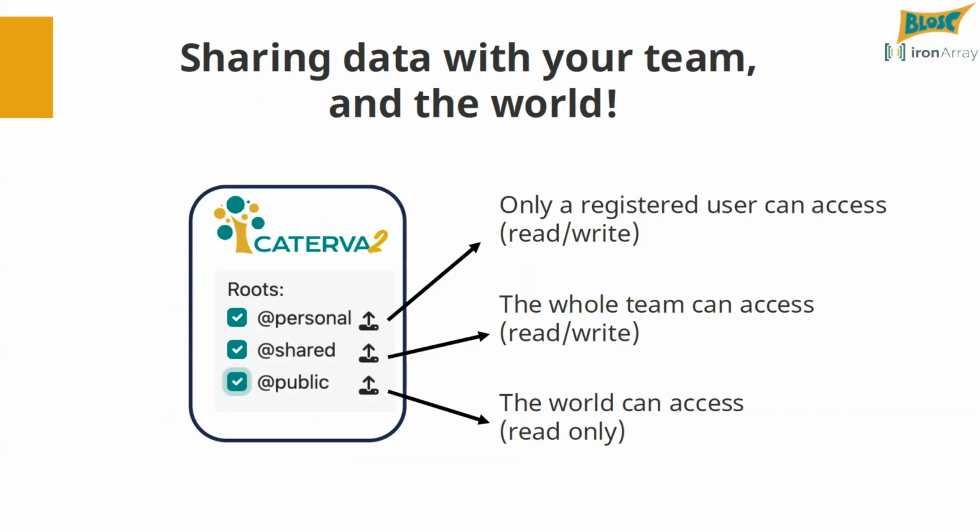We have 3 special folders in Caterva2: personal, which only a registered user can access; then shared, where the whole team can access in read and write mode; and then public, where the whole world can access, but only in read-only mode, okay?